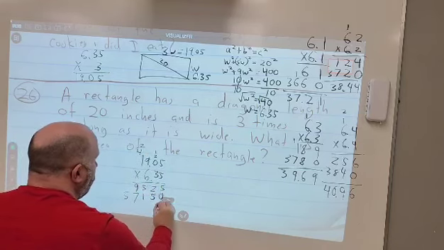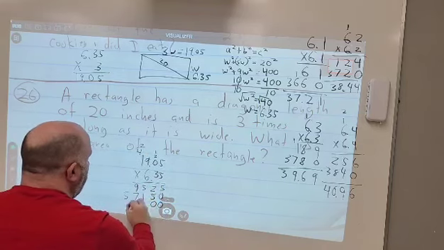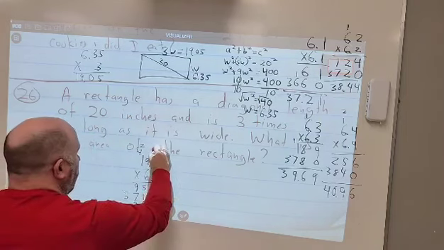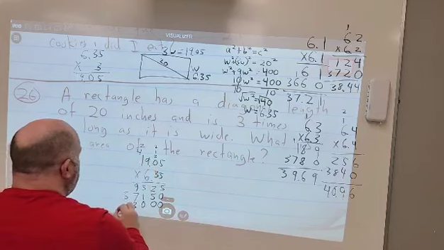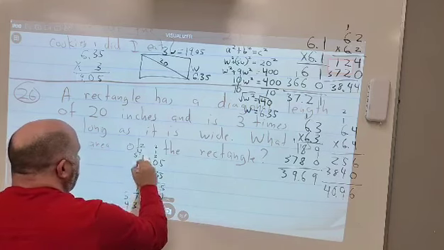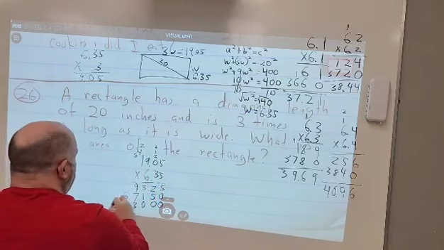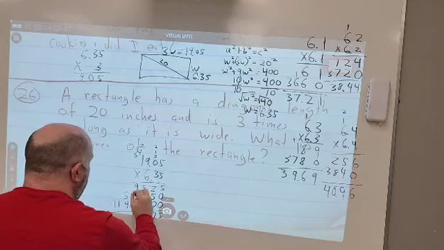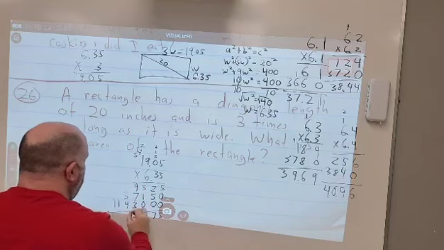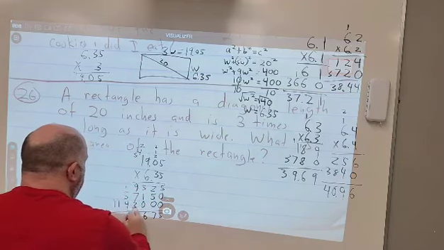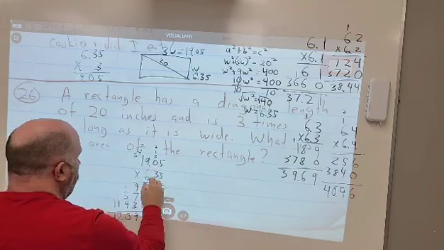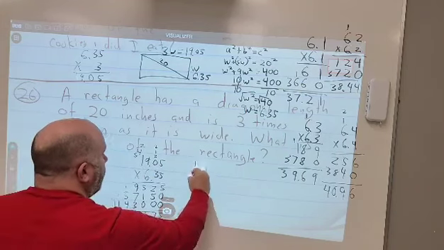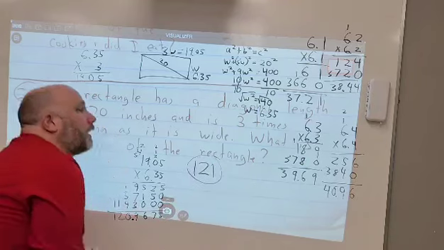Now we need 2 placeholders. 6 times 5 is 30. 6 times 9 is 54. 6 times 1 is 6 plus the 5 is 11. Adding it all up, we have 4 digits to the right, so 120.9. So the area is going to be 121.